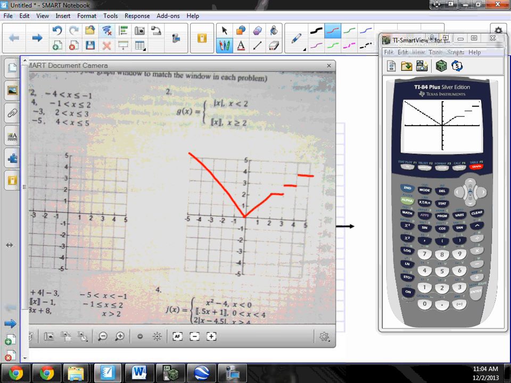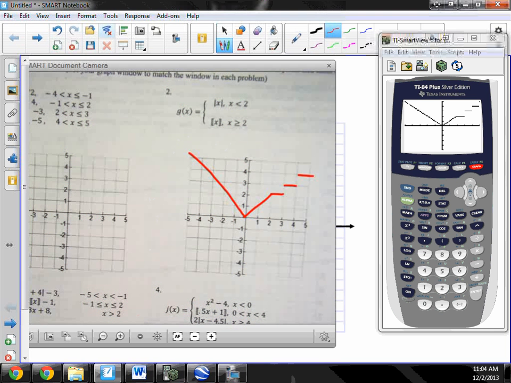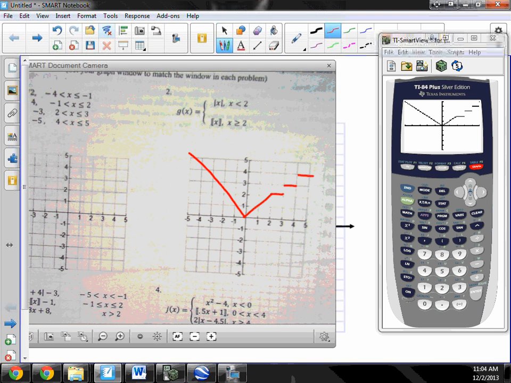There's something special about this graph that makes it so I don't need to do open and closed. No, not the type of function. It has to do with, well, what about this number 2? What do you notice at x equals 2?